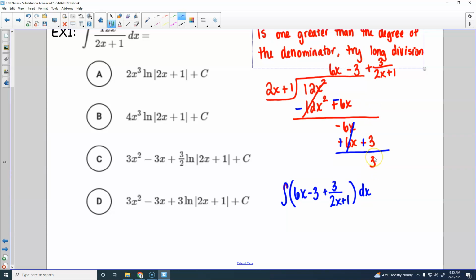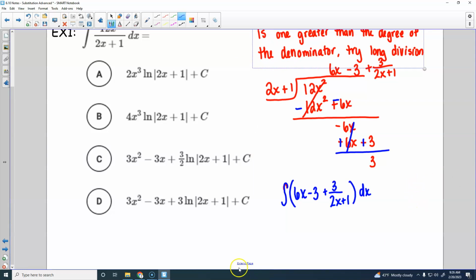Here I don't have any more x's, so there's nothing I could multiply by here easily. And then your remainder is just whatever you had as your remainder divided by the 2x plus 1. So we might need a little extra on that. This is not the sort of stuff you're going to see a lot of problems on, but you may see some.